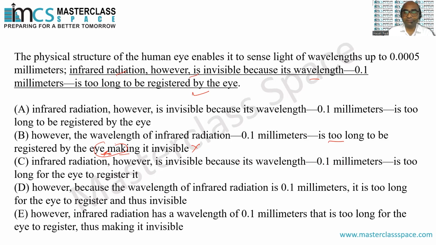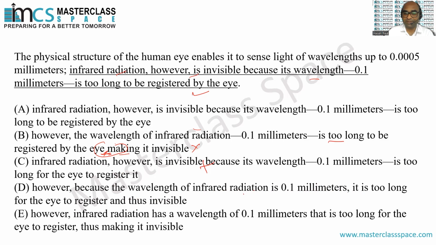So what is the meaning? It means wavelength is too long for the eye to register. It means registration should be part of purpose, right? But here it is talking about the possibility, right? And therefore option C out. However, because the wavelength of radiation is 0.1 millimeter, therefore wavelength is too long for the eye to register and thus invisible.